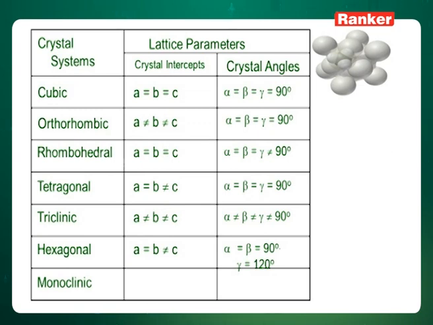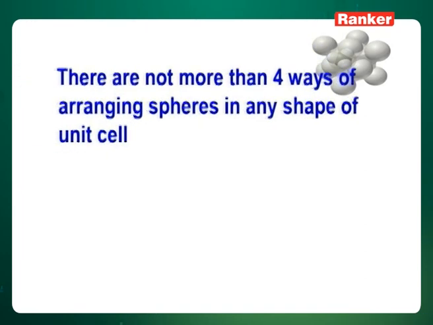In the monoclinic, A not equal to B not equal to C means all three intercepts are different, but two angles are identical, equal to 90. The third one is different, not equal to 90. So these are the 7 crystal systems, right?